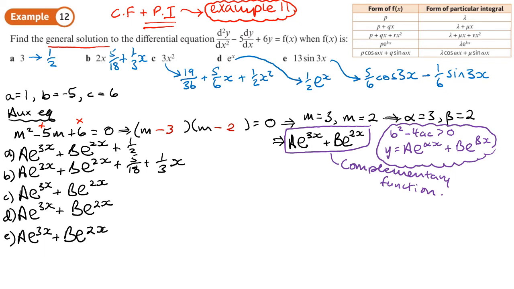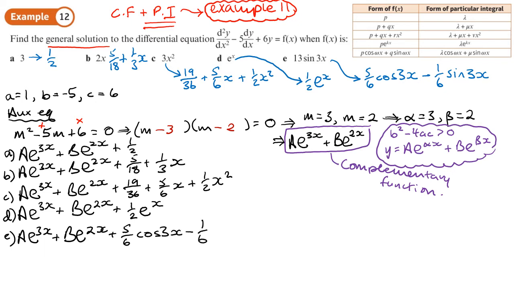C, I add 19 over 36 plus 5 over 6x plus half x squared. D, I had half e to the x, and E, I add 5 over 6 cos 3x minus 1/6 sine 3x.